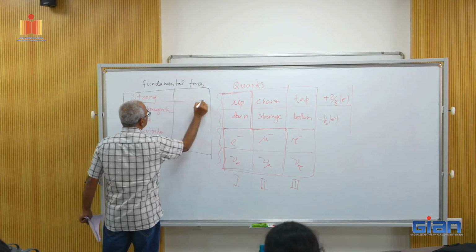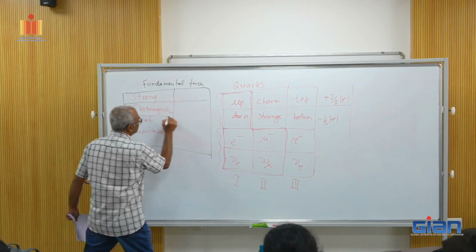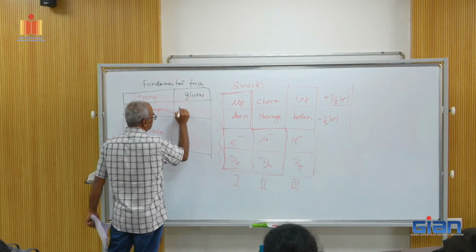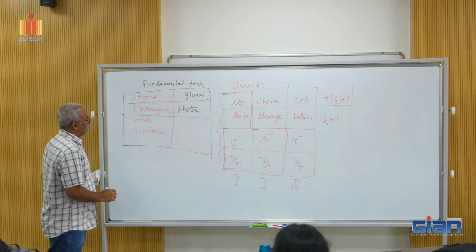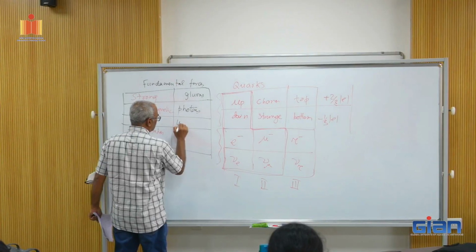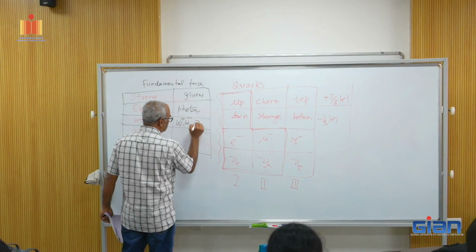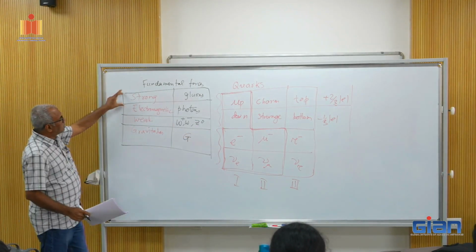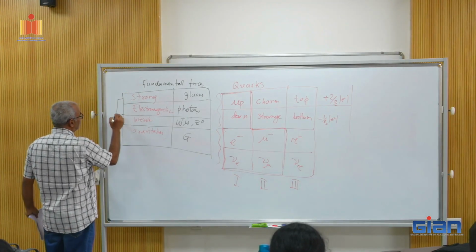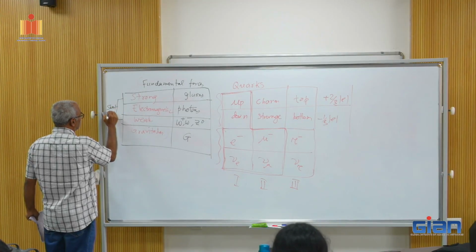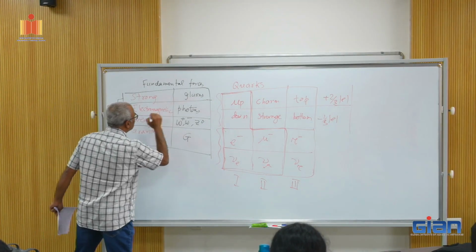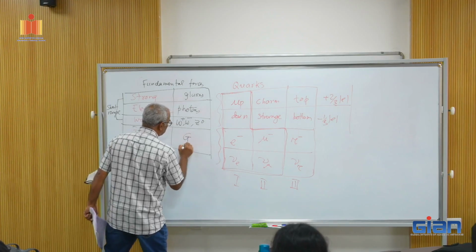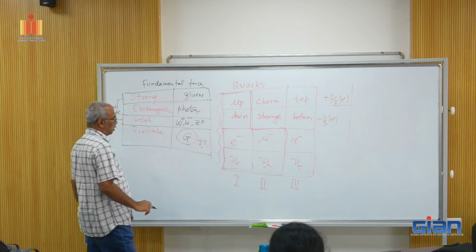and the carrier particles are, so we know that the strong force is mediated by something called gluons, electromagnetic by so-called photons, weak by particles called W plus, W minus, and Z0, and gravitation by the graviton. The strong force and weak force are short range forces, while electromagnetic is very long range, infinite range you can say, and gravitation also is long range, but this particle is not yet found.